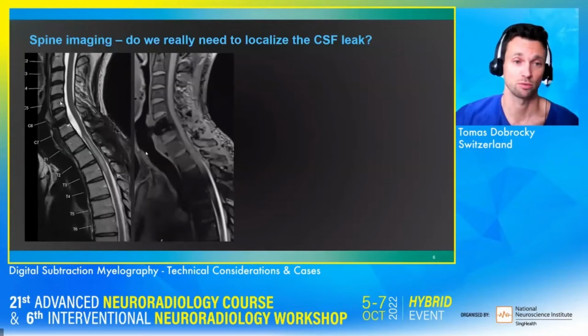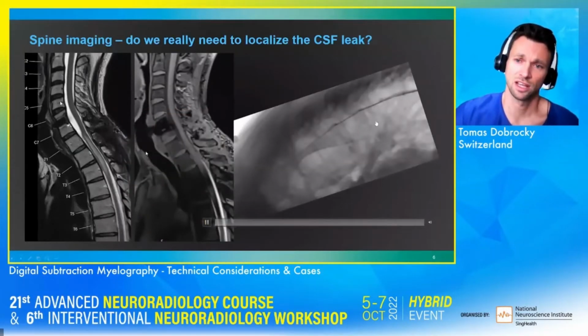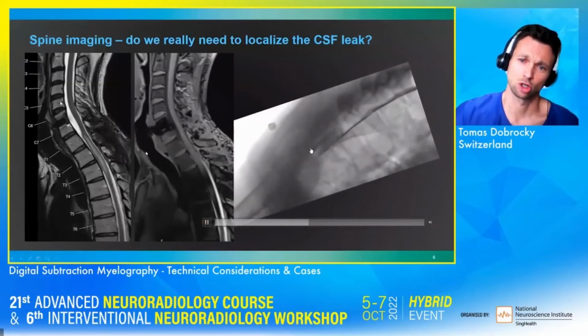So in patients who are refractory to conservative treatment and non-targeted epidural patching, this patient has been previously operated on at various levels, and apparently the leak has been sealed, but there is extensive hyperintensity in the spinal cord. When you look at the patient's myelography with intrathecal contrast, you can see that there is complete occlusion at the level of the previous surgery.